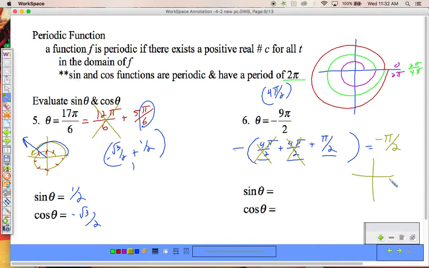Negative pi over 2 is rotating down pi over 2, which is my ordered pair of 0, negative 1, which gives me my sine and gives me my cosine. If your angle is larger than pi over 2, more than one rotation, ignore the rotations and only really be concerned with where you end up.